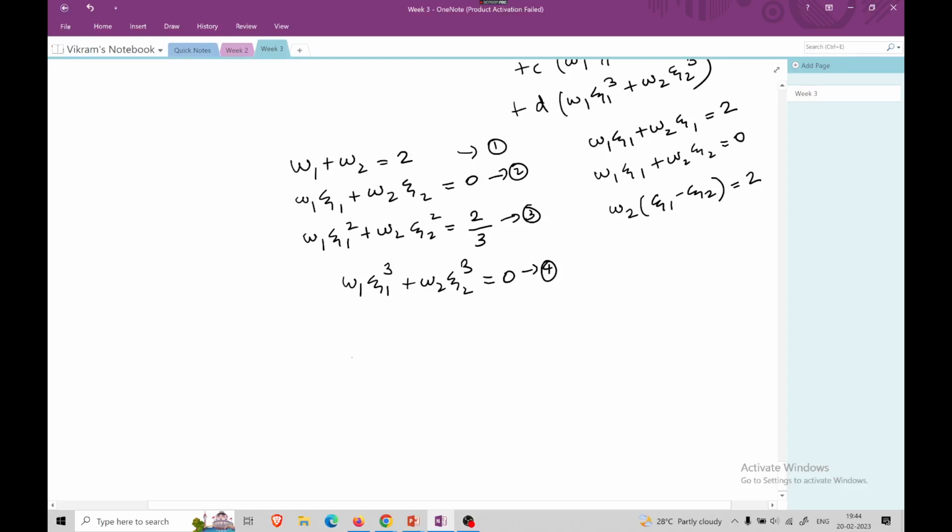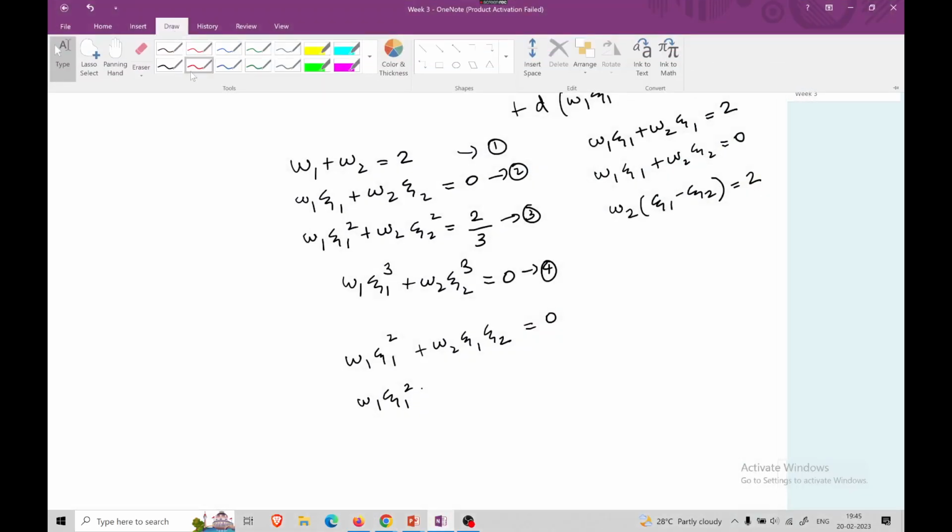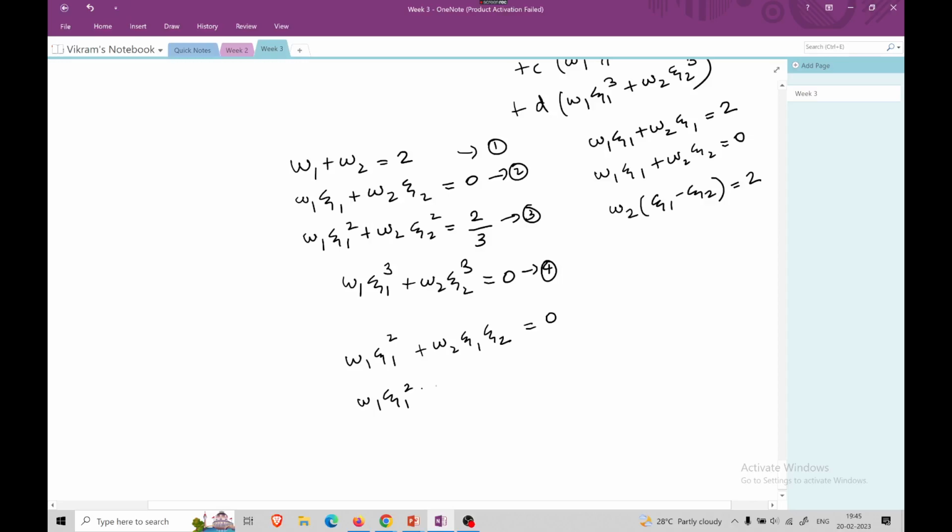Now I'm going to take equation 2 and multiply it with eta 1. So I'll get w1 eta 1 square plus w2 eta 1 eta 2 is equal to 0, and equation 3 I am going to take as it is: w1 eta 1 square plus w2 eta 2 square is 2 by 3.